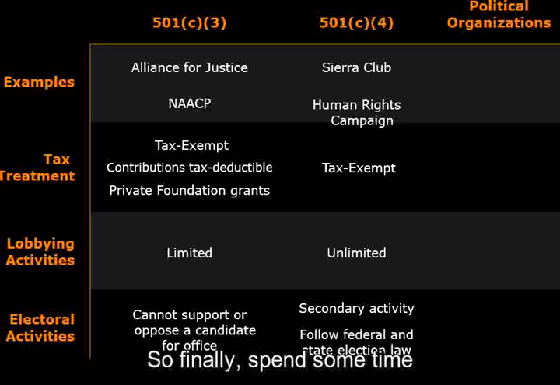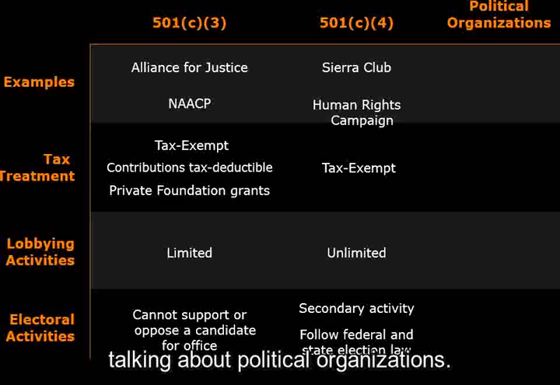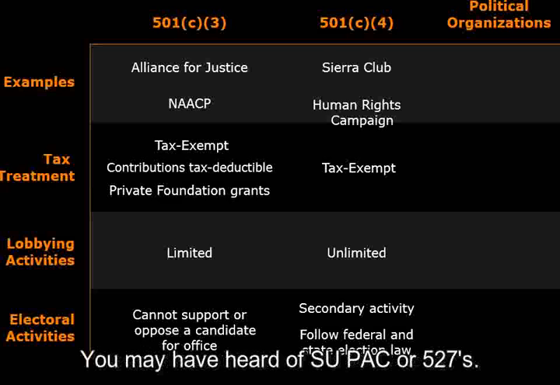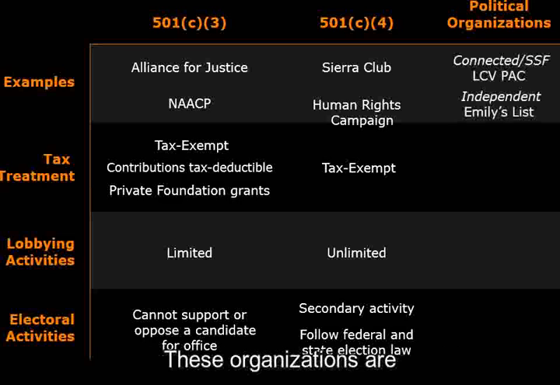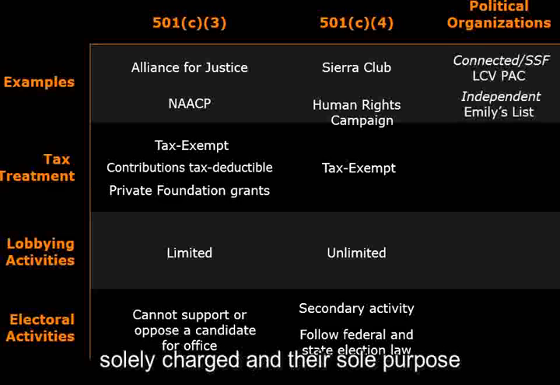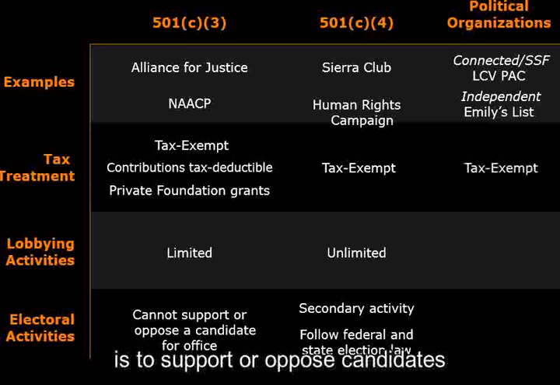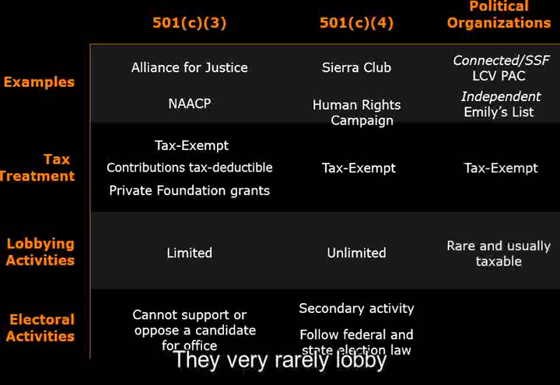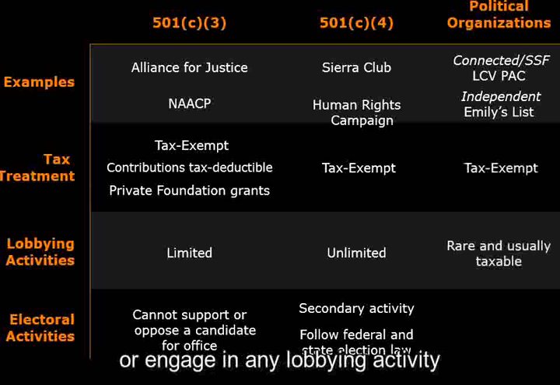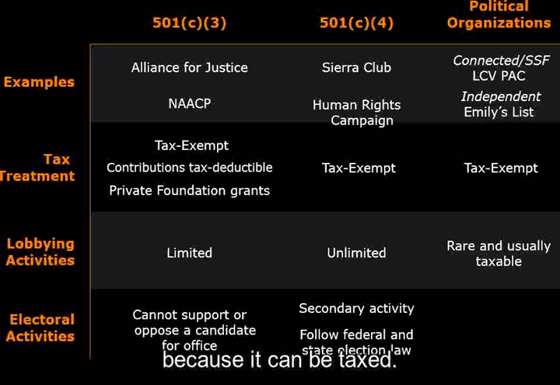And so finally, I'll spend a little bit of time talking about political organizations. You may have heard of super PACs or 527s. The sole purpose of these organizations is to support or oppose candidates for public office. They very rarely engage in any lobbying activity because it can be taxed.